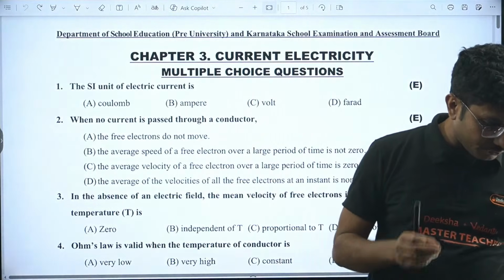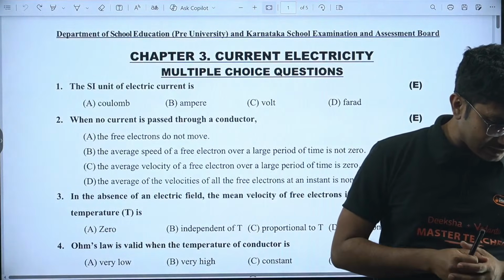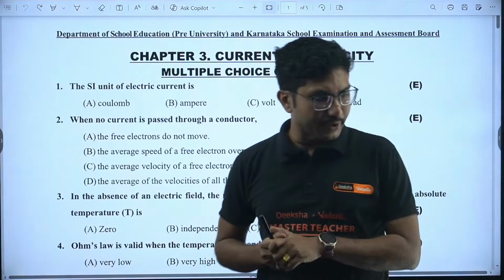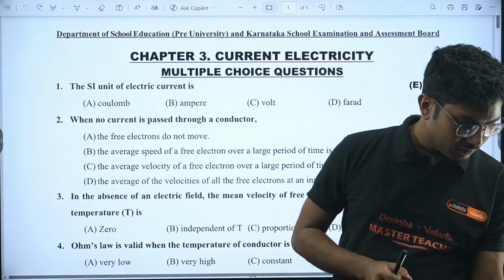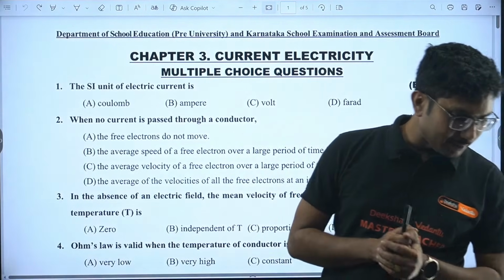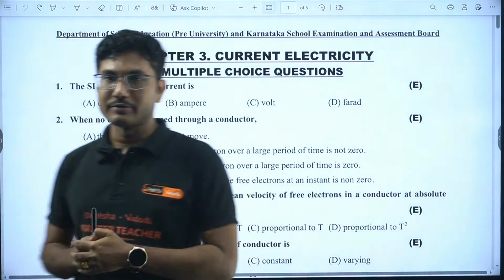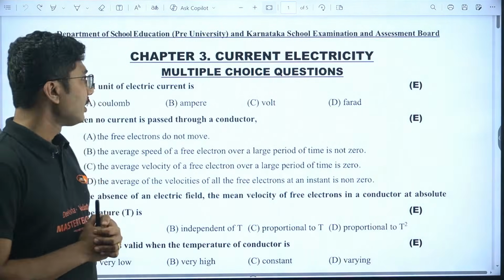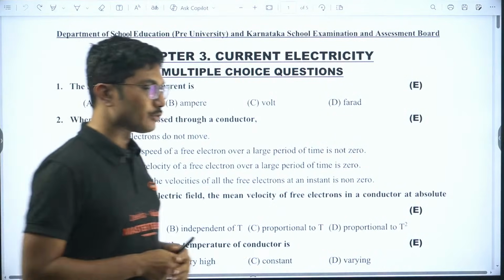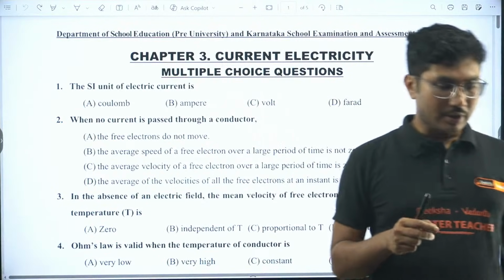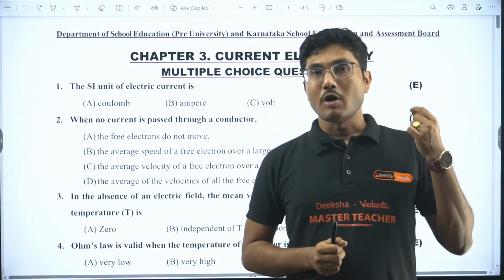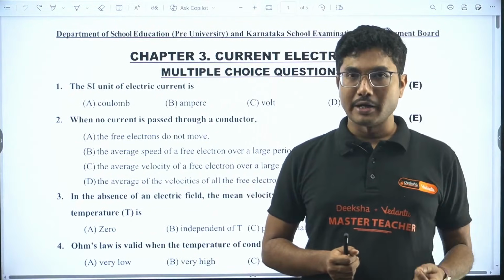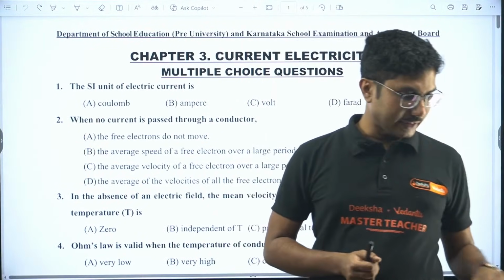Preksha, please check your voice, and if anyone else is facing the sound issue, please let me know. Check your audio connection, the Bluetooth, maybe you are listening from Bluetooth, or the sound of your mobile or laptop is turned off. Check that.